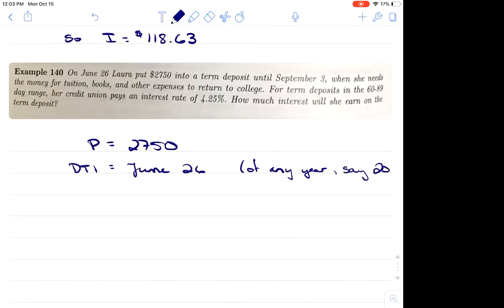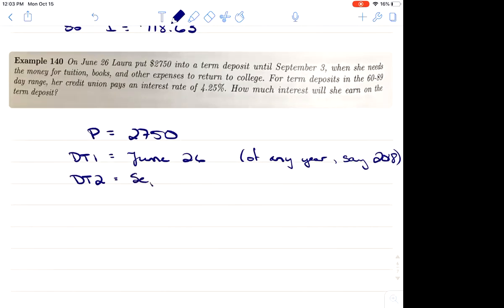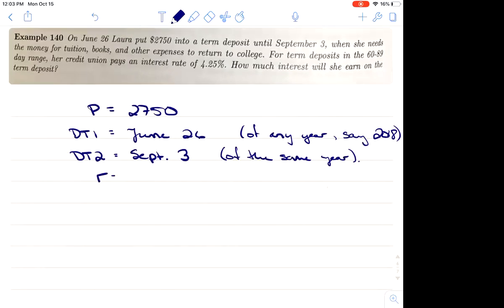Say it was this year, 2018. Date 2 is September 3rd of the same year. And the interest rate that she's getting is 4.25%.